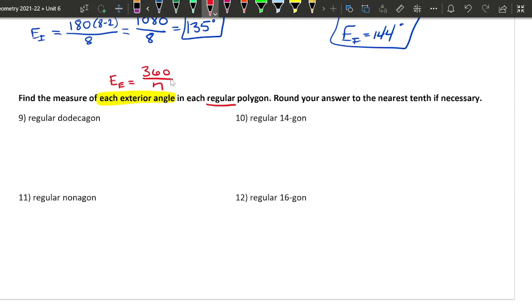But this wants each one. So a dodecagon is 12, so n equals 12. So each exterior angle of a dodecagon is going to be 360 degrees divided by 12, which is 30 degrees.